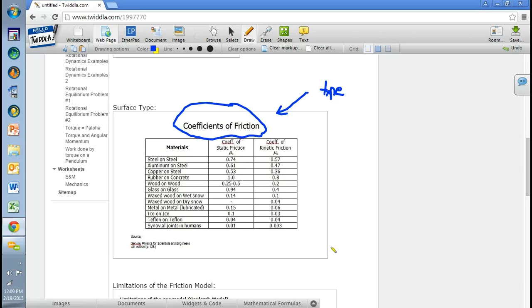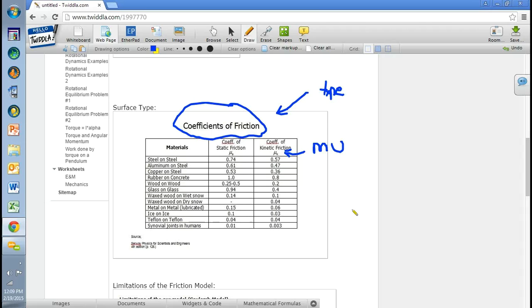Okay, so let's say you have a lot of friction. That symbol is called mu, if you're wondering what that funny looking symbol is. So that's mu-s and mu-k. But anyway, let's say we have something that's very high in friction.